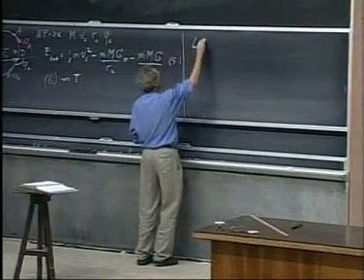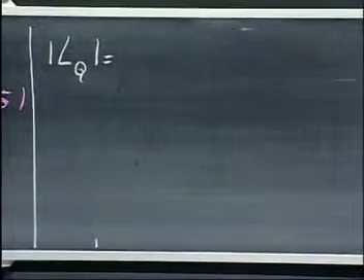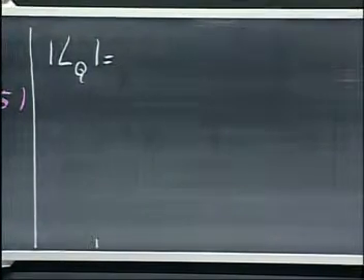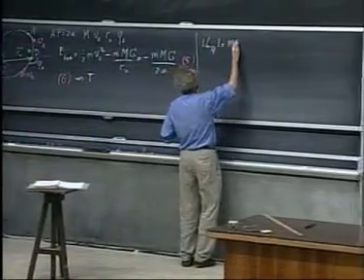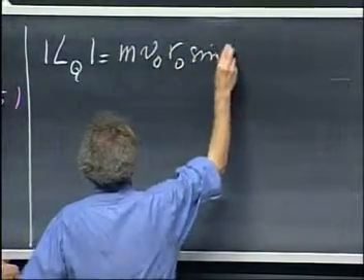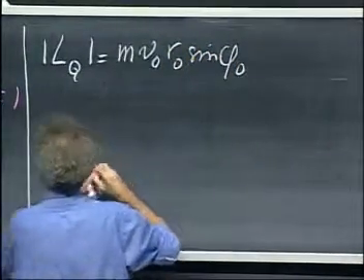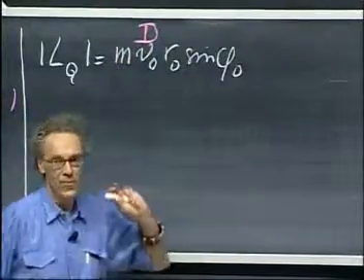What is the magnitude of that angular momentum? Well, let's first take point D. When the object is at D, the magnitude of the angular momentum is m times v0 times r0 times the sine of phi 0. This is the situation at D. Why do we have a sine phi 0?